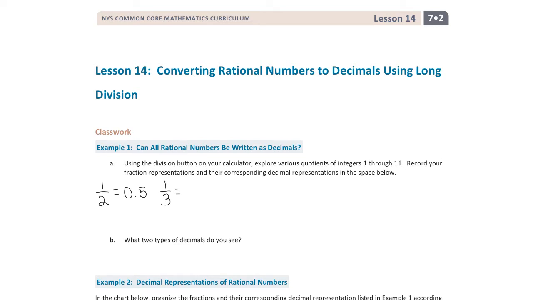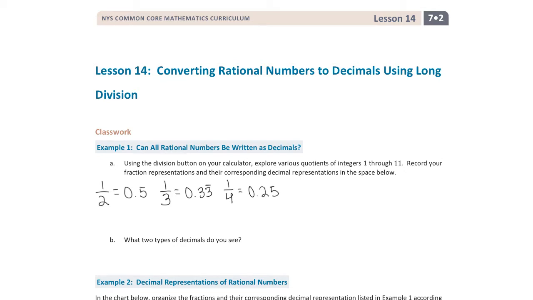All right, the answer you should have got was 0.33 repeating. What about 1/4? Go ahead and type 1 divided by 4 on your calculator. The answer you should have is 0.25.